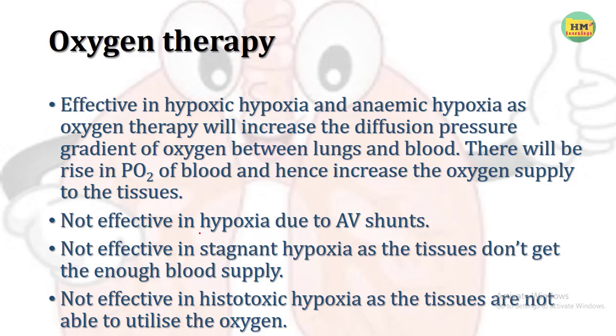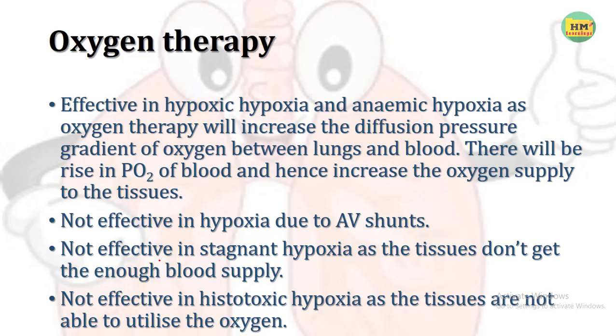Then oxygen therapy. Oxygen therapy is the therapy where we give oxygen inhalation to the patient. The effectiveness of oxygen therapy actually varies. It is more effective in some types of hypoxia, but not that effective in other types. The mechanism of oxygen therapy is that it will increase the PaO2, that is, the partial pressure of oxygen in the arterial blood.